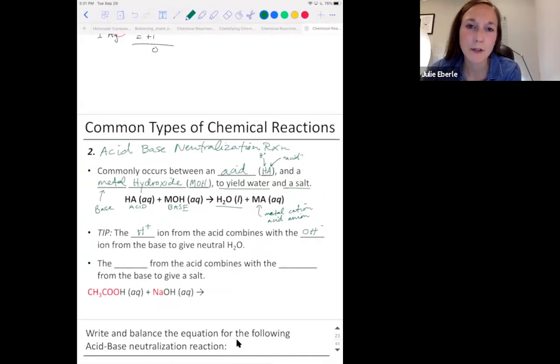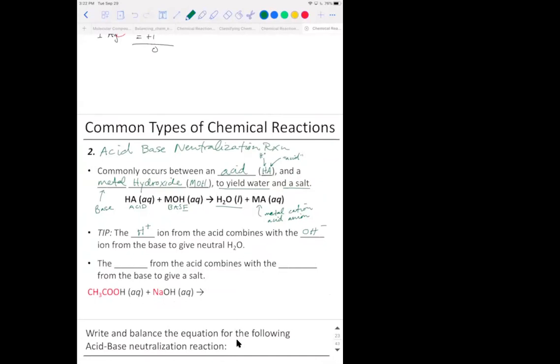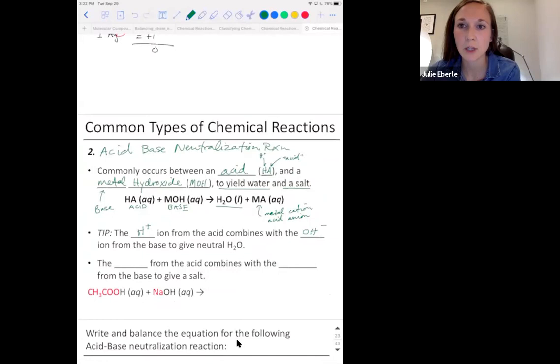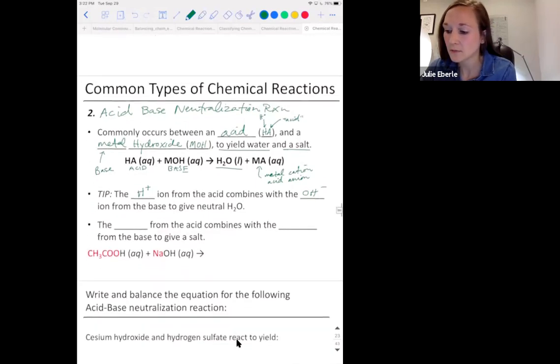Now, why do we call it a neutralization reaction? Because water has a pH of what? We actually haven't talked about pH yet, but it's pretty common knowledge. 7. pH of 7, which is perfectly neutral pH, okay? We'll get to the pH scale later in the course as well. So because we're forming something with a neutral pH, that's why we call them neutralization reactions.